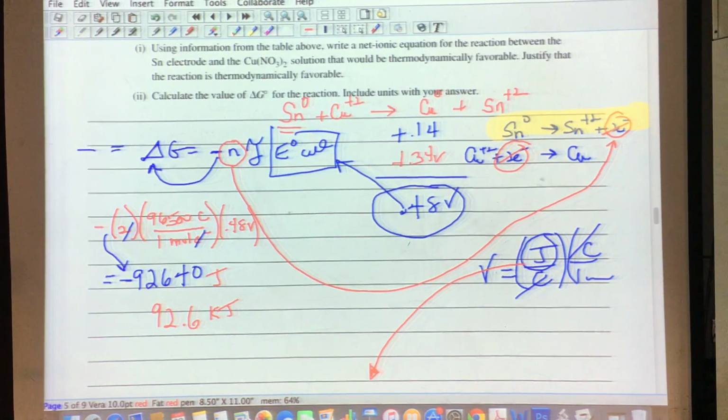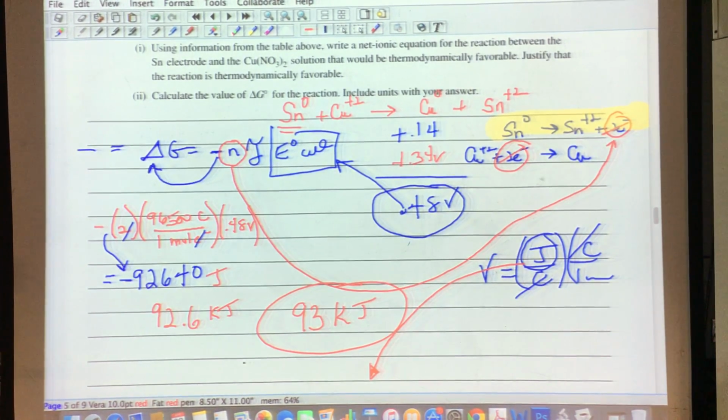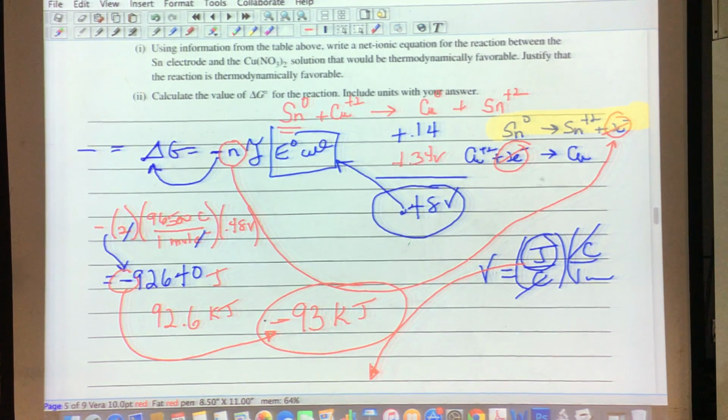You should be aware of our sig figs, probably 0.48, given everything, probably 93 kilojoules. Okay, that would be a good significant answer. I'm not even sure they would look at the significant figures in this question. Yes, it would still be negative. I made a mistake forgetting the negative again, but I maintain the negative. And this again also proves that it's what? Spontaneous.